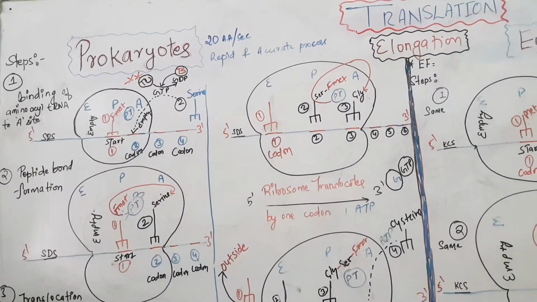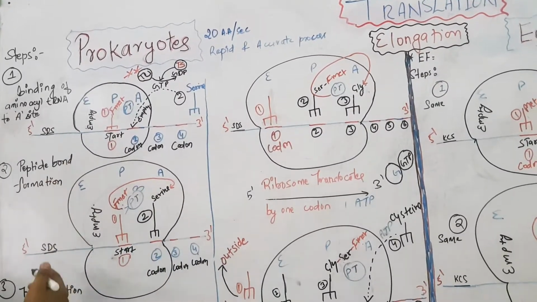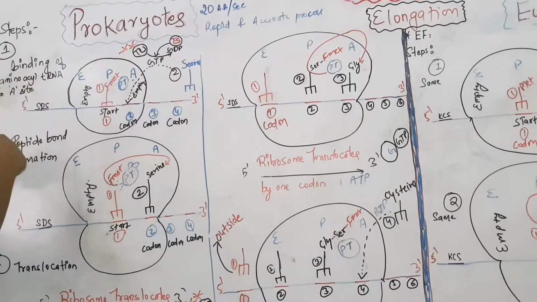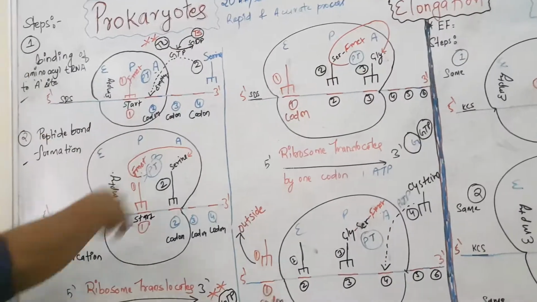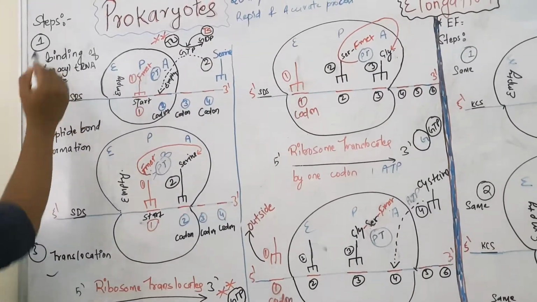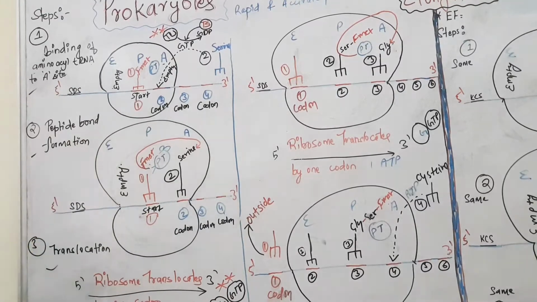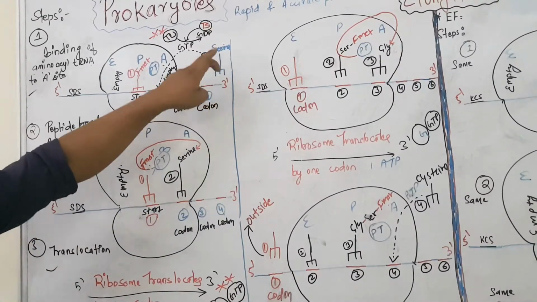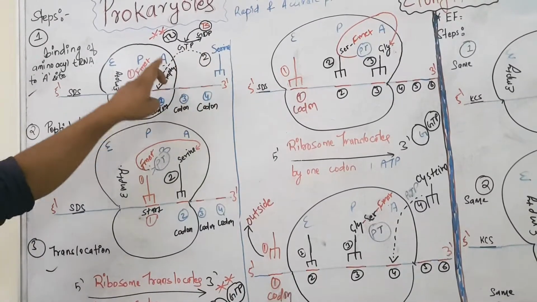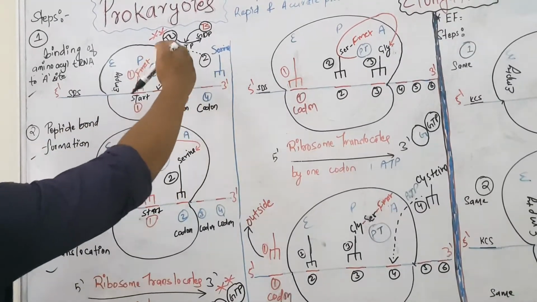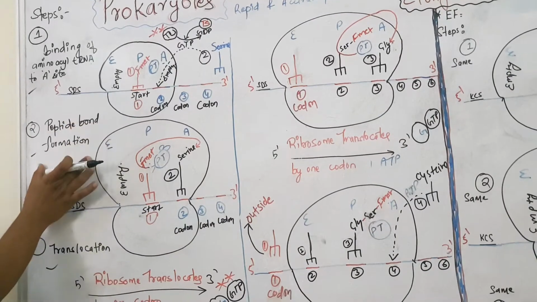So let us explain translation. Basically, the elongation of translation can be divided into 3 steps, and it is the same for eukaryotes. The first step is binding of amino acyl tRNA to the A site. If this is our tRNA, it is transported to the A site. Then the second step is peptide bond formation.